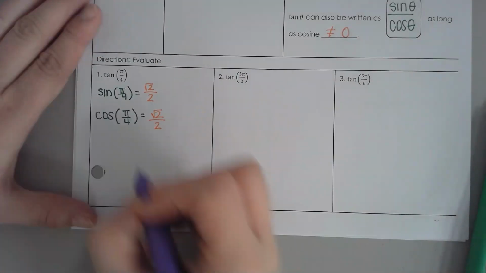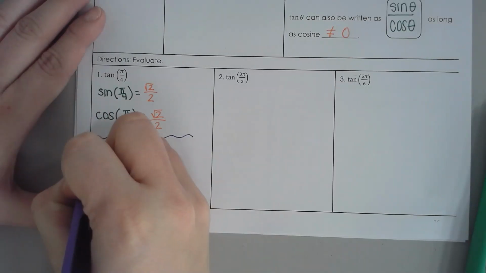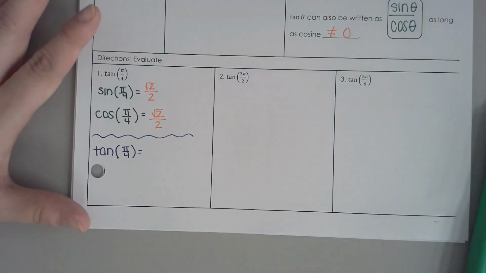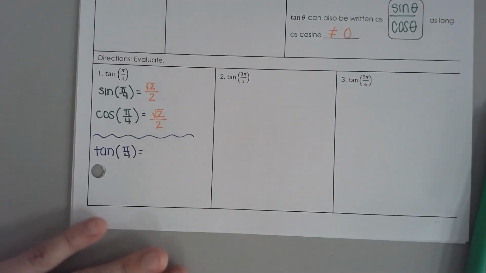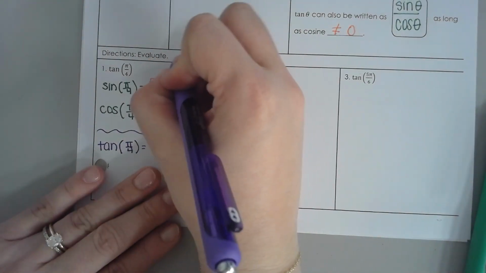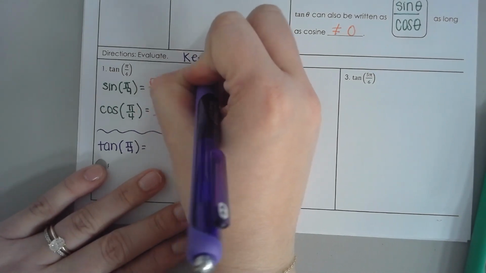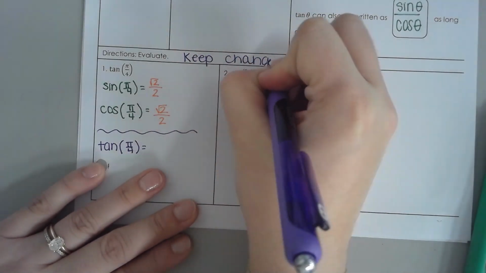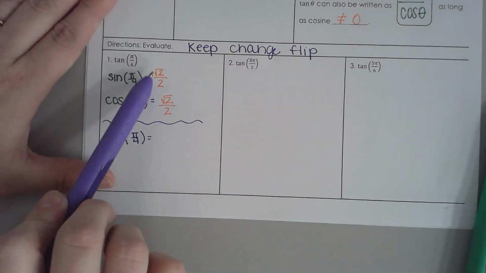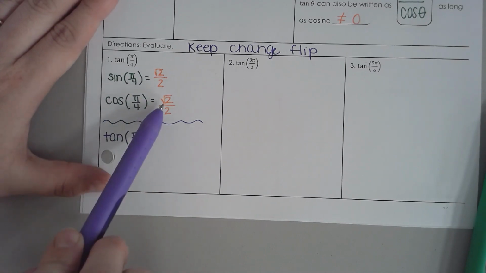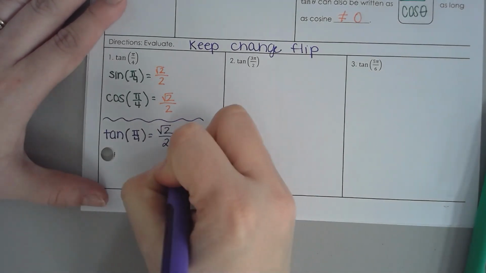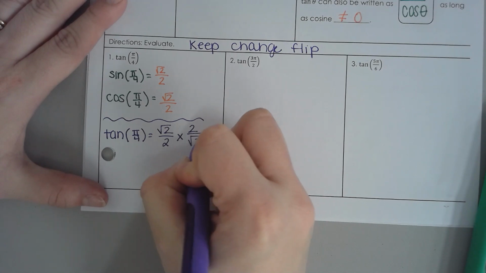So if we're going to find tangent of pi over 4, we do sine divided by cosine. Now remember in fractions, keep, change, flip. So if we're doing the square root of 2 over 2 divided by this fraction, that's the same thing as doing times 2 over the square root of 2.